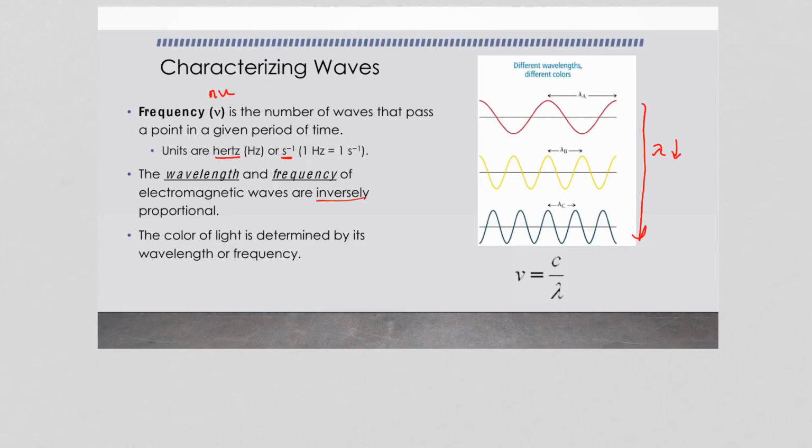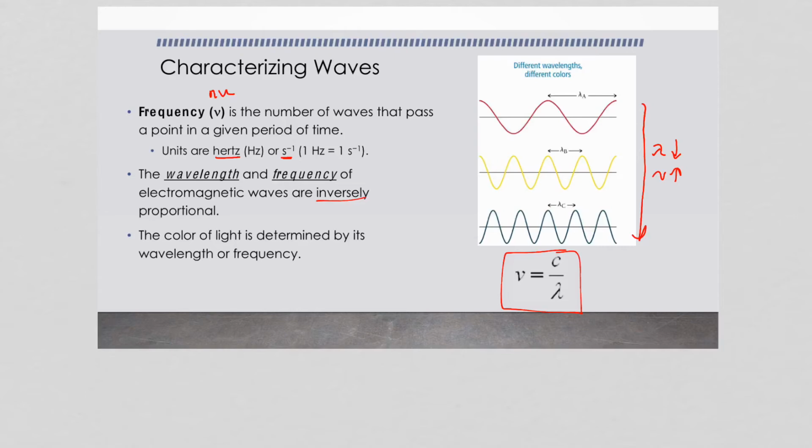As one goes up, the other one goes down. So as wavelength goes down, frequency goes up. Now, we can write this as an equation by saying that the frequency is equal to the velocity, the speed of light, divided by the wavelength. So this equation represents that inverse relationship between frequency and wavelength.